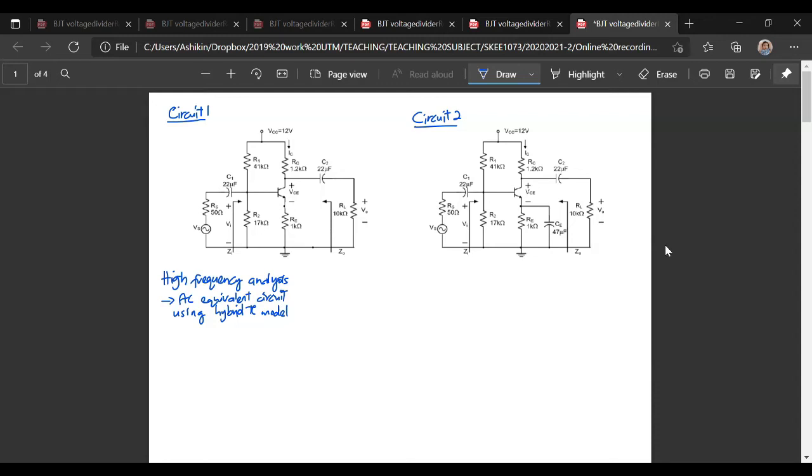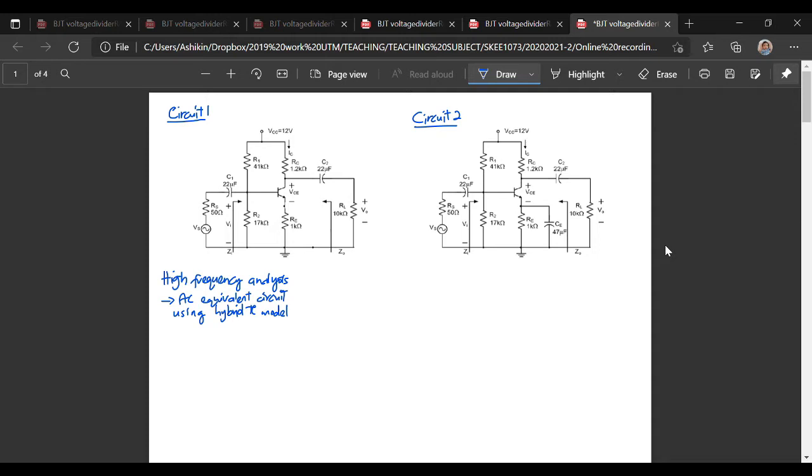Now we do the high frequency analysis. We use the same technique, okay, drawing the AC equivalent circuit using the hybrid pi model. For circuit number 1, we have voltage divider bias for the BJT and our resistor RE without any capacitor bypassing it.